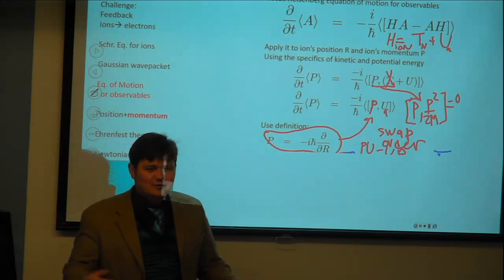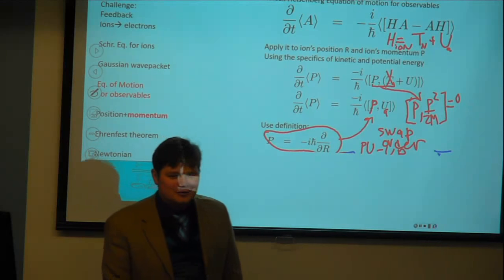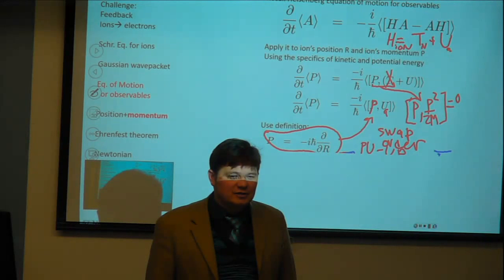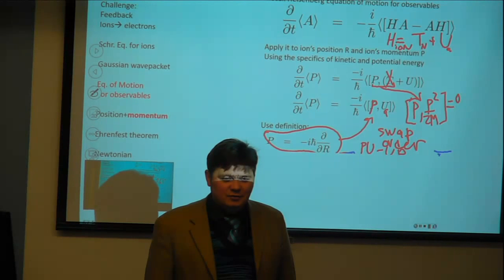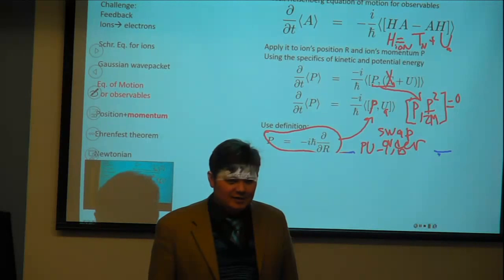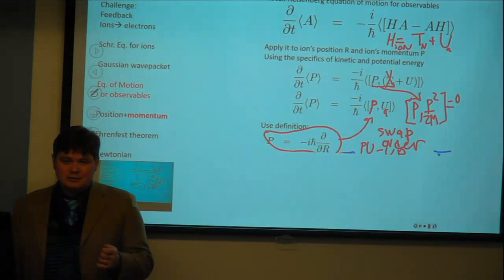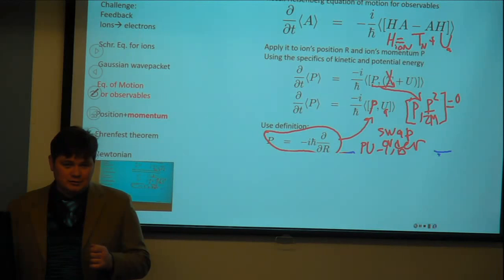I do not count on my own memory and do not want you to count on your own, but if you ever took or plan to take introductory physics, it's also one of the things that one can memorize from there. That the derivative of energy, potential energy, gives force with a minus sign. And some people, if they want to look smart, call it gradient. So the minus gradient of potential energy is force.